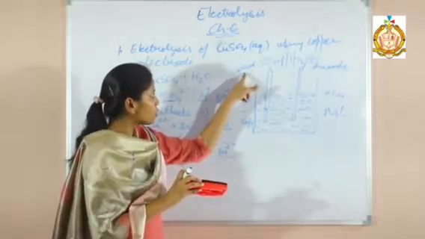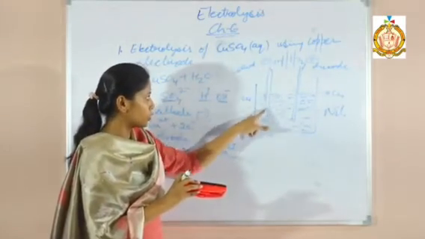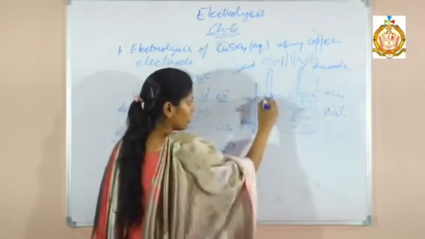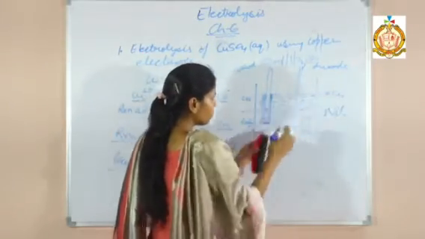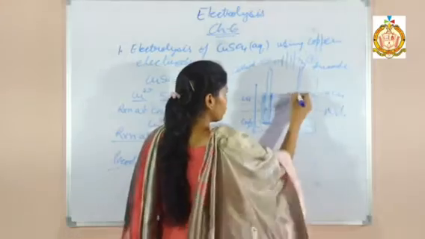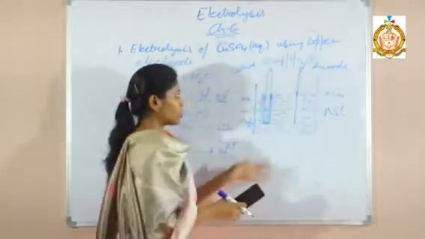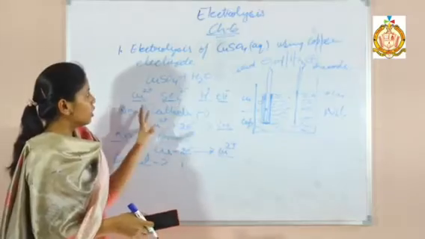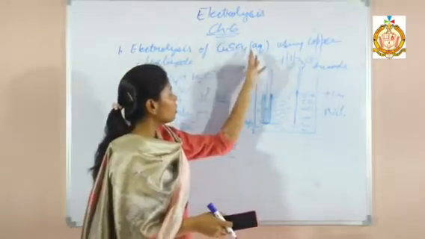Or you can also give the observation in case of cathode. It will become thicker, and the anode after some time will become thinner as it is itself dissolving. This is all about electrolysis of aqueous copper sulfate.